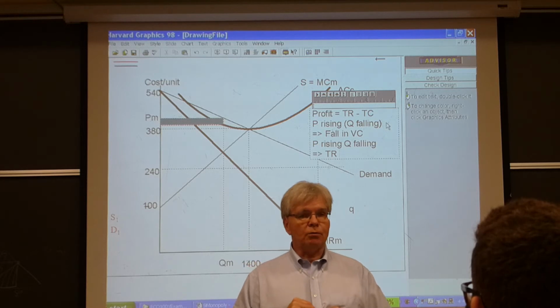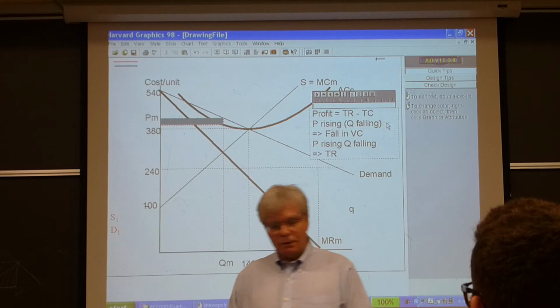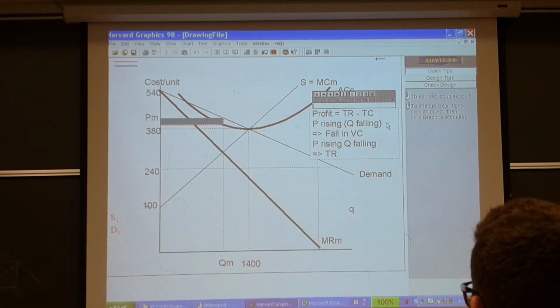In the inelastic portion of any curve, price dominates. So in this case, price goes up, so total revenue rises if inelastic.